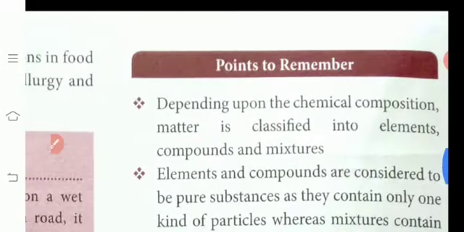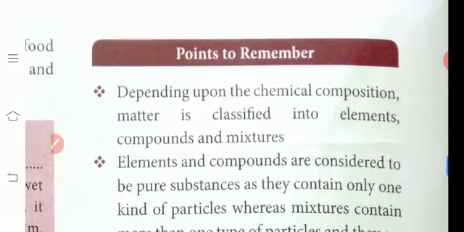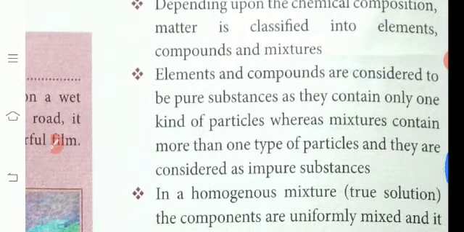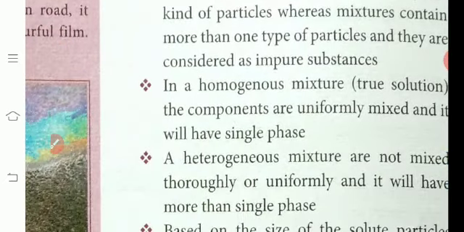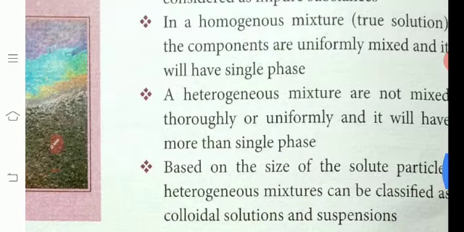In this lesson we discussed that, depending upon chemical composition, matter is classified into elements, compounds and mixtures. Elements and compounds are considered pure substances, containing only one kind of particle, whereas mixtures contain more than one type of particle and are considered impure substances. In homogeneous mixtures, the components are uniformly mixed and there is a single phase.